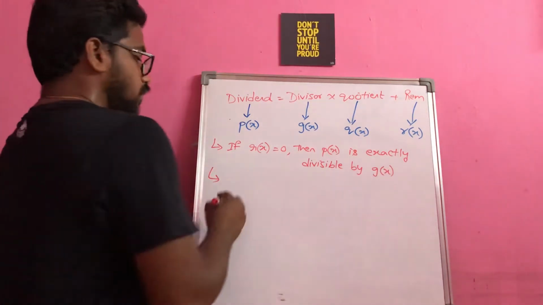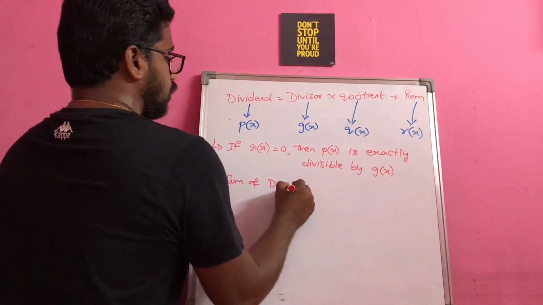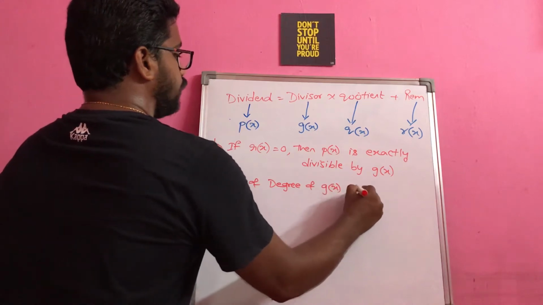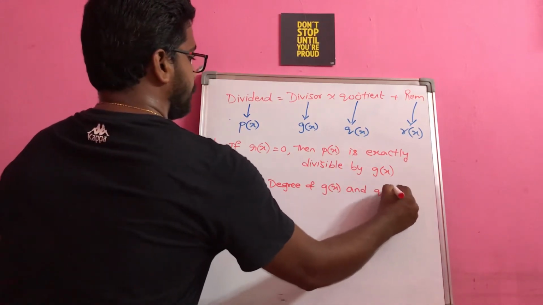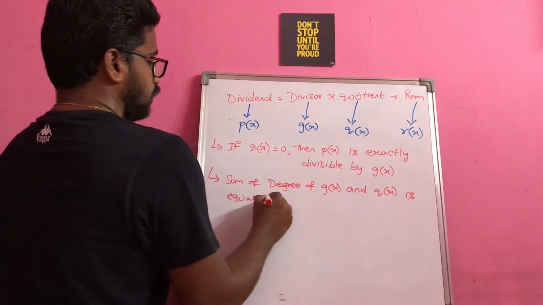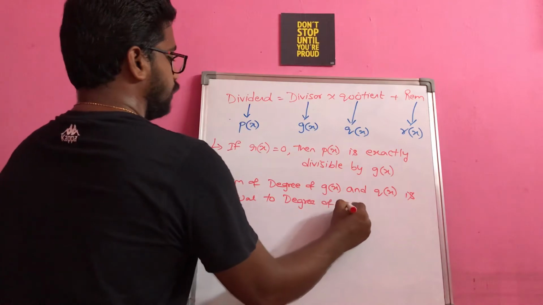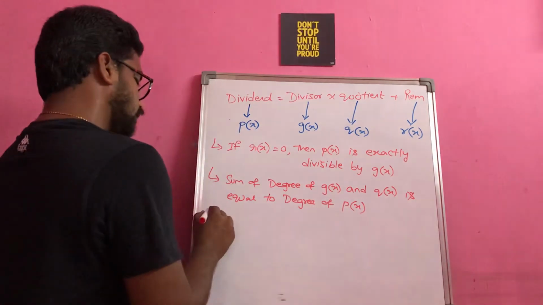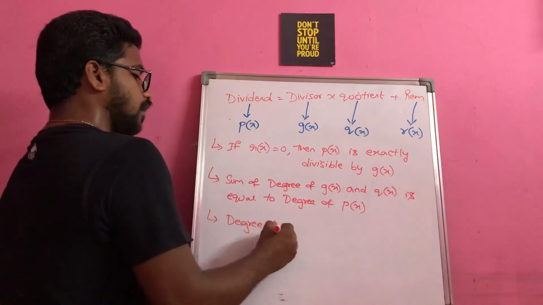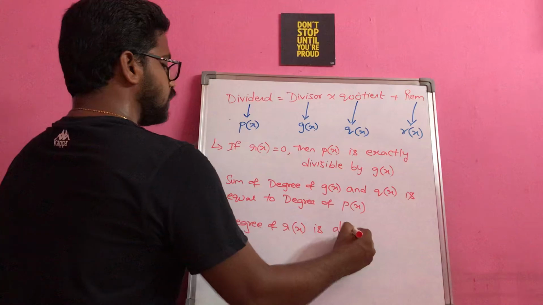Second rule, sum of degree of g of x and q of x is equal to degree of p of x.